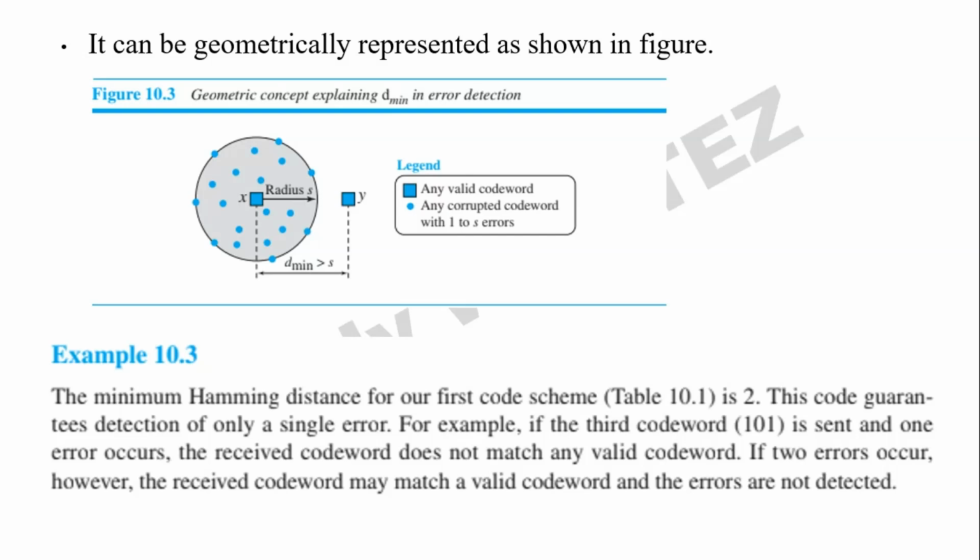This might happen. So we can't identify more errors than the minimum distance minus one; that is, s errors you can identify, not more than that.